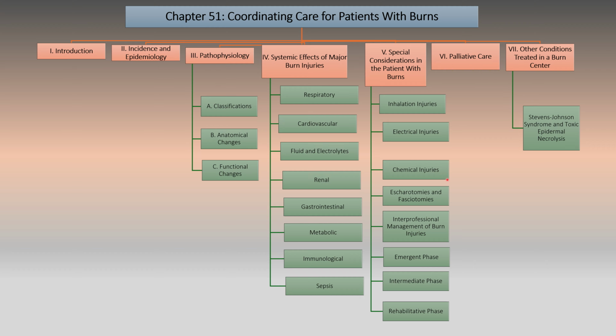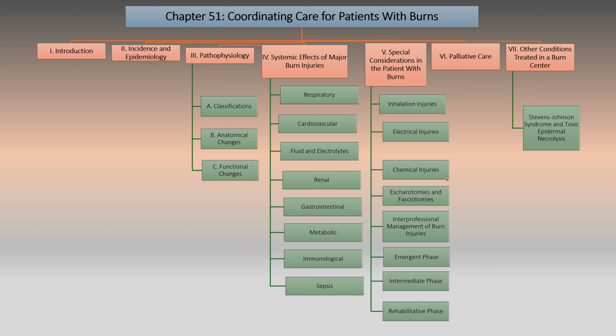Chemical injuries. 5 key points. Primary intervention: immediate and continuous irrigation with copious amounts of water is the crucial initial treatment.